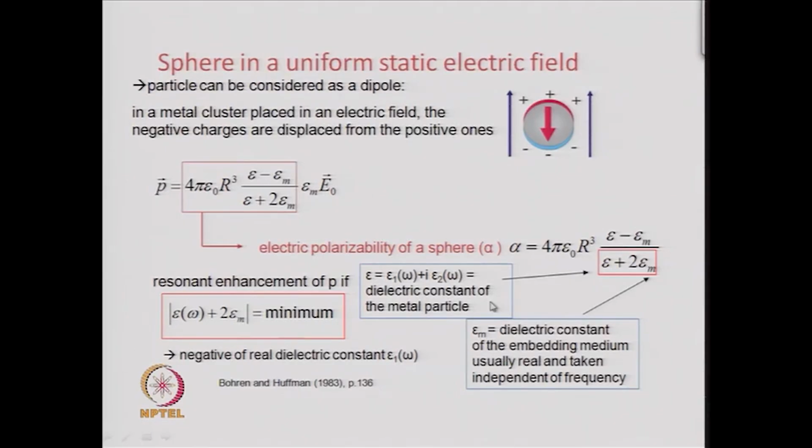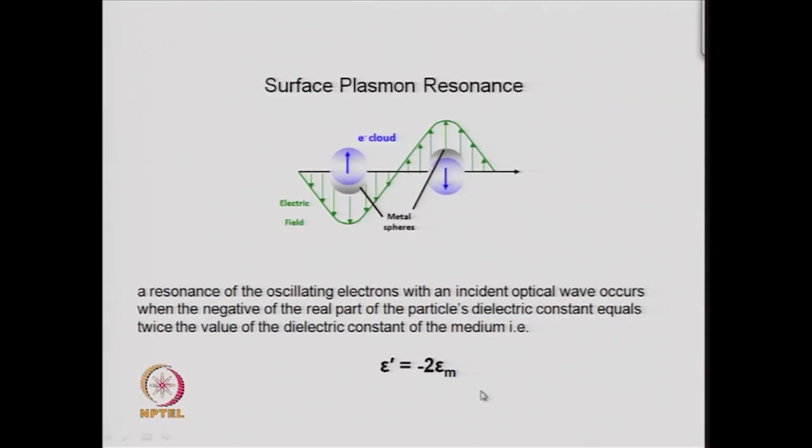Similarly, you can write the dielectric constant of the medium in which you have these metal particles embedded. So, what you basically want is that the real part of the dielectric constant of the metal should be equal to negative of twice the dielectric constant of the medium, and then you will have a resonance of the oscillating electrons.